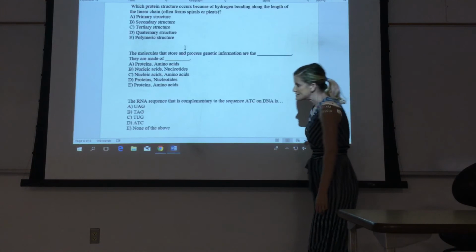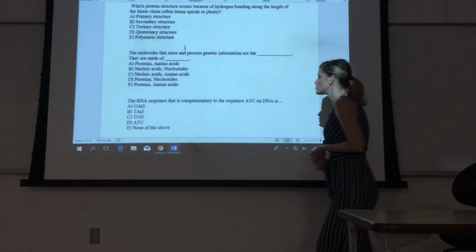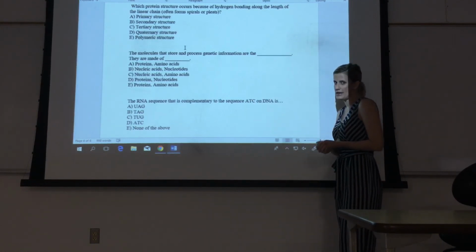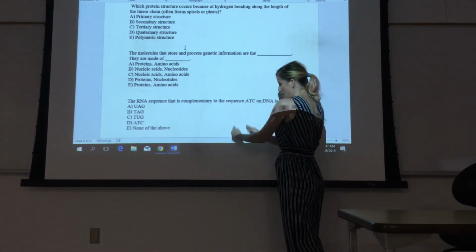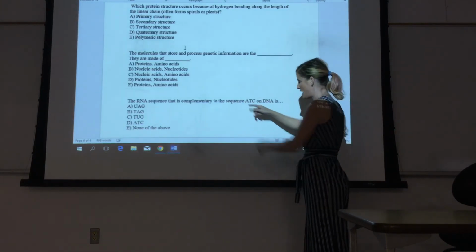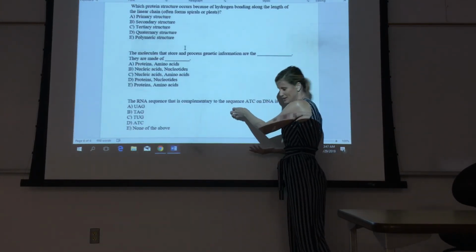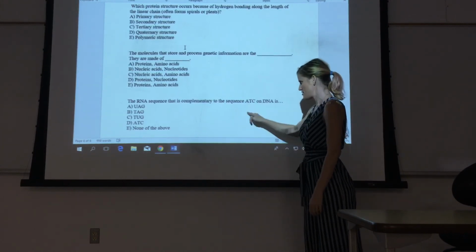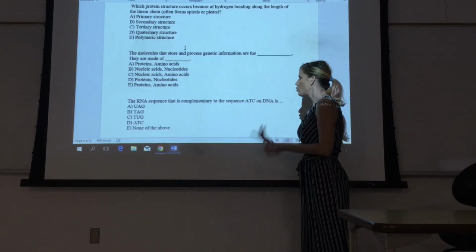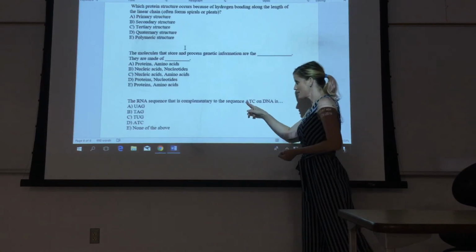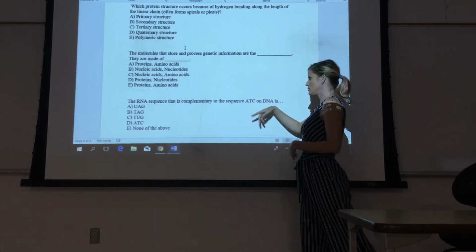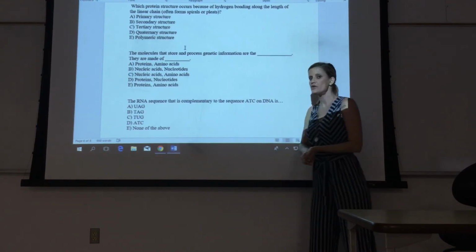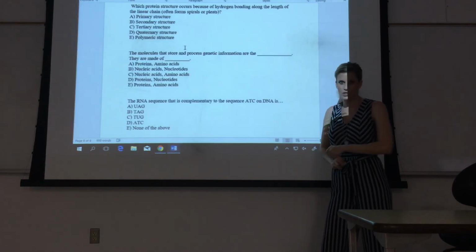The RNA sequence that's complementary to A, T, C on DNA. So we have DNA, and the nucleotides that we have are A, adenine, T, thymine, C, cytosine. And we need to come up with RNA that matches this. So one, remember that A binds with T, and C and G go together. The other thing you have to remember is that in RNA, there is no thymine.